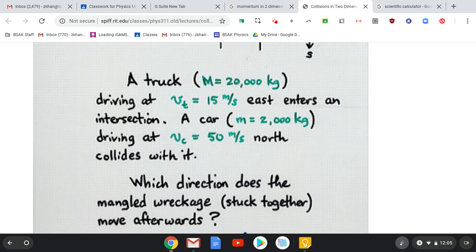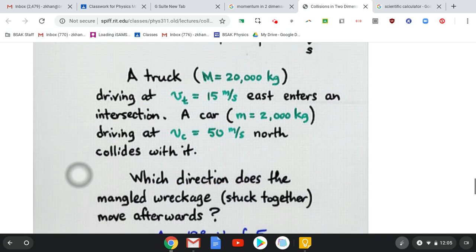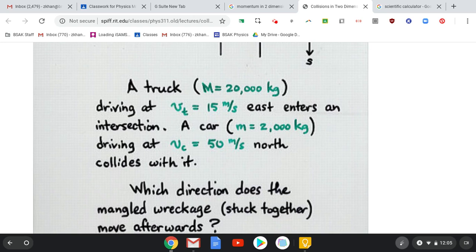So they join as one. After the collision, it becomes one object. So they're stuck together. What we want to know is which direction does the mangled wreckage move afterwards?